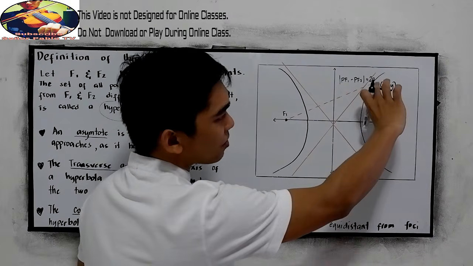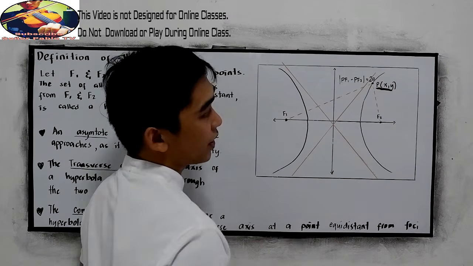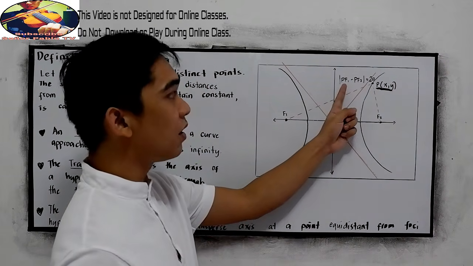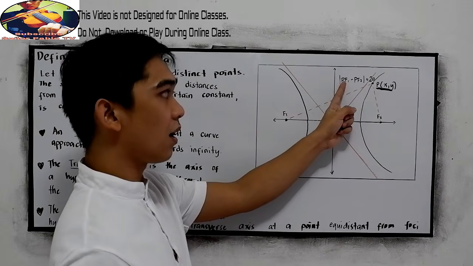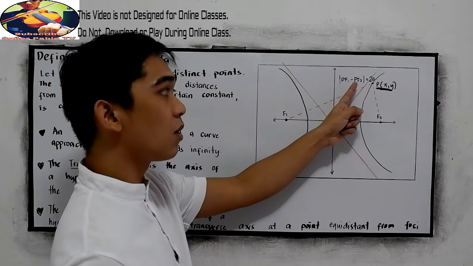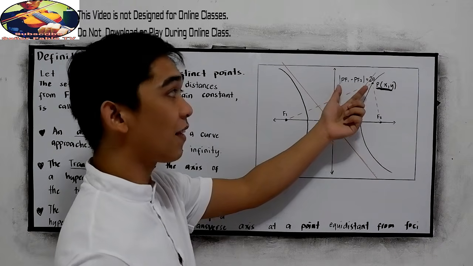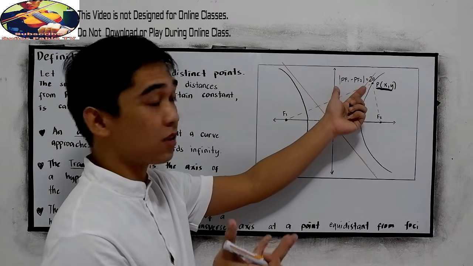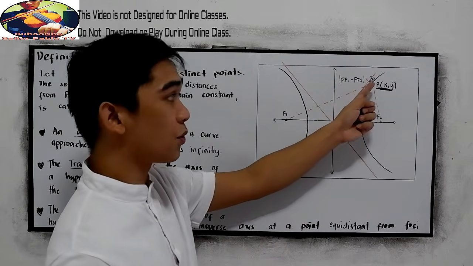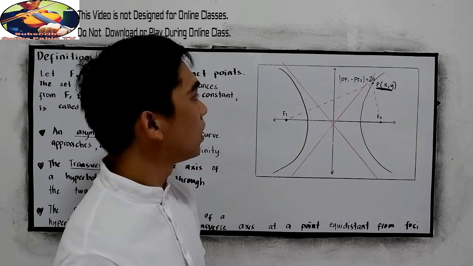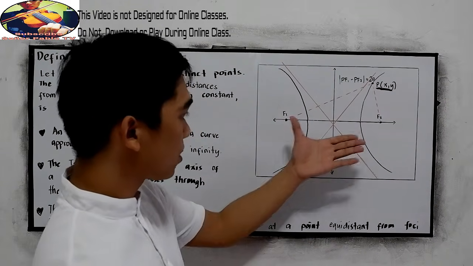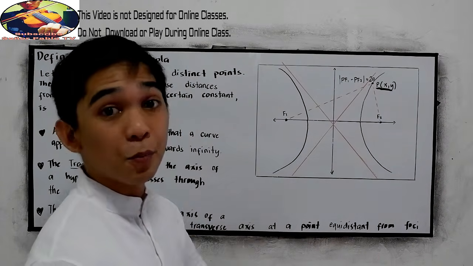So their distances may differ through a certain point. And we have here the distance from P to f sub 1 minus the distance from P to f sub 2, taking the absolute value, the positive value, is equal to 2a. Okay, so this is the graph of the hyperbola.